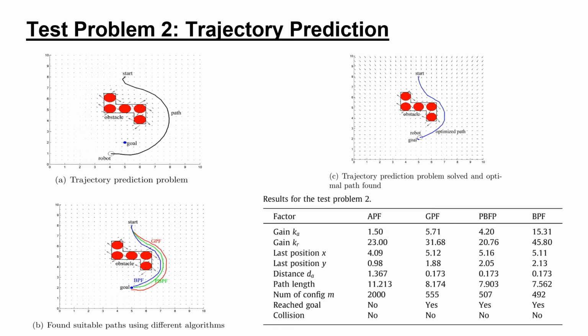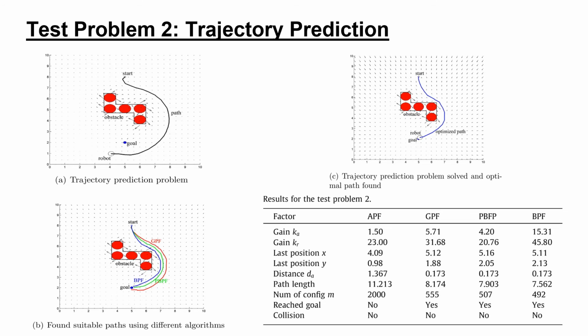So the test problem 2, which is trajectory prediction. In figure A, you can see that the robot is not able to reach the position when it goes from start to the goal. It overshoots the goal position, and this might be because of more repulsive forces than the attractive force at the goal.